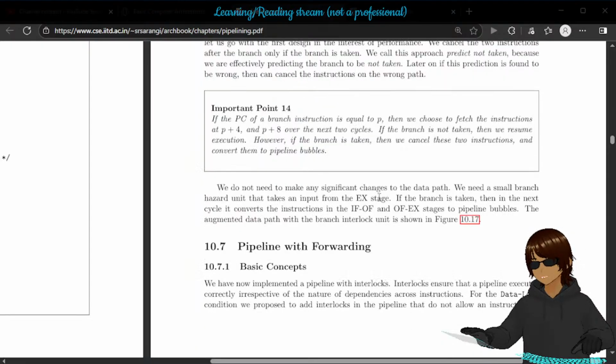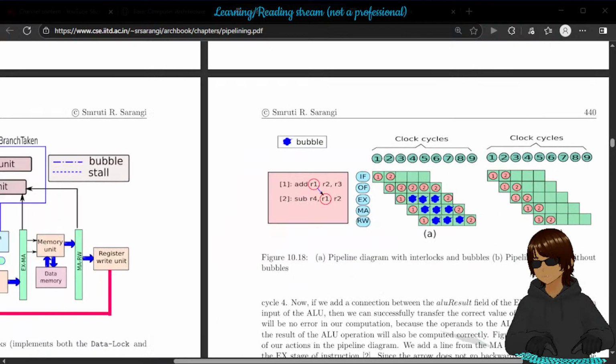We do not need to make any significant changes to the data path. We need a small branch hazard unit that takes an input from the execute stage. If the branch is taken, then in the next cycle, it converts the instructions in the instruction fetch and operand fetch stages to pipeline bubbles. The augmented data path with the branch interlock unit is shown in figure 10.17.